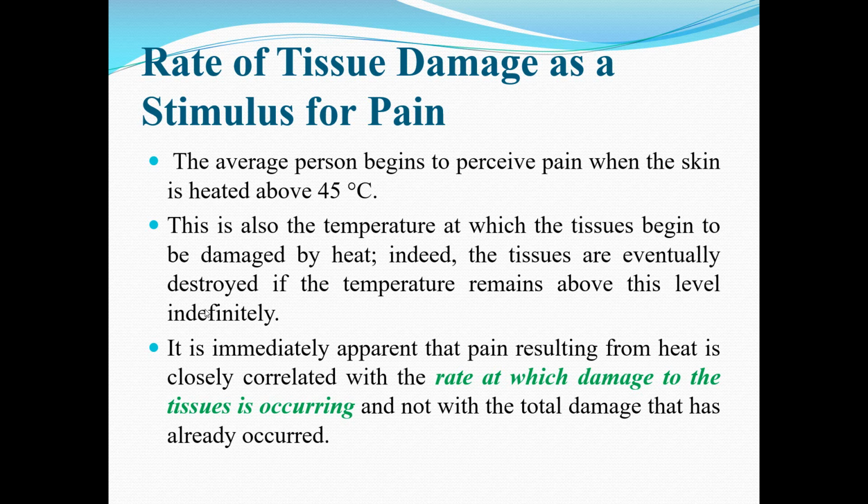So it is immediately apparent that pain resulting from heat is closely correlated with the rate at which damage to the tissue is occurring and not with the total damage that has already occurred. So it is actually telling us the rate at which the damage is occurring.